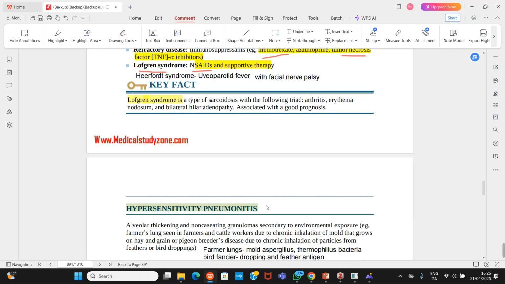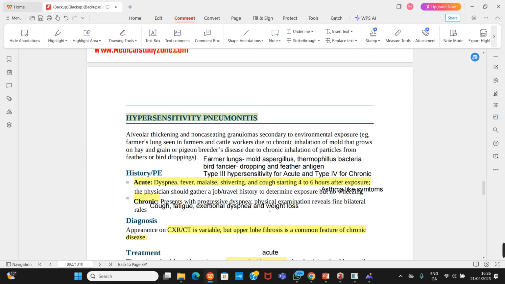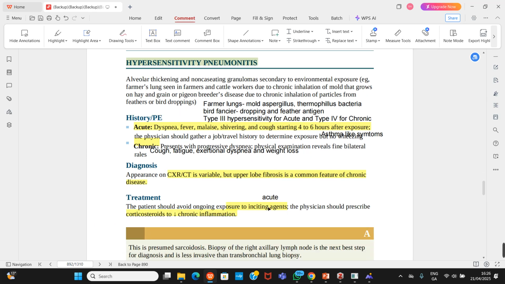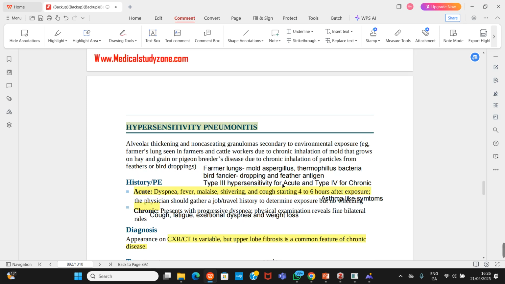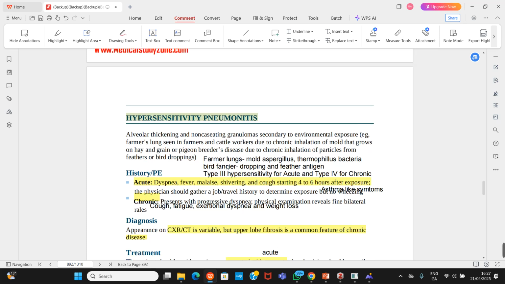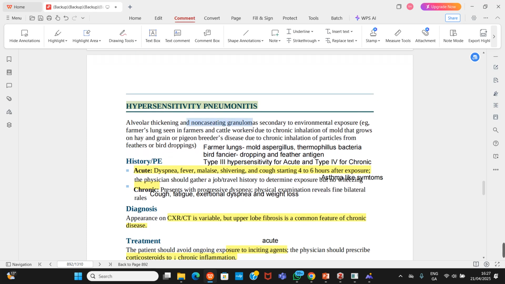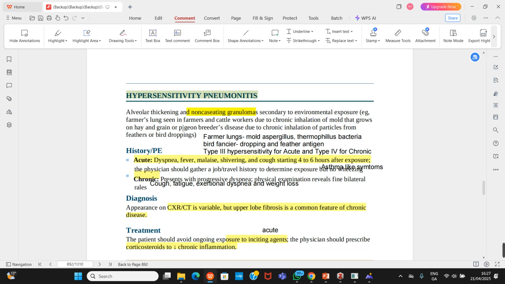So moving on to hypersensitivity pneumonitis. So this is another cause of granulomatous lung disease. So they have formation of non-caseating granulomas too, but this one is due to environmental exposure. So they are exposed to farm animals, like cattle, or people that rear pigeons and birds.